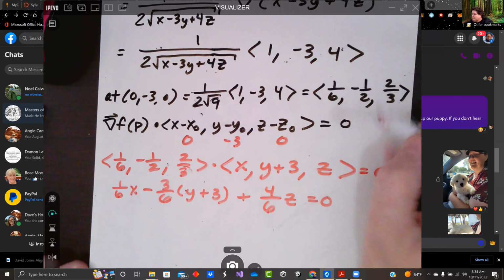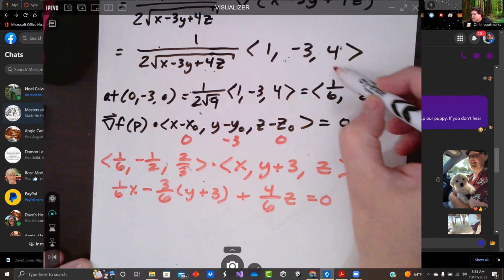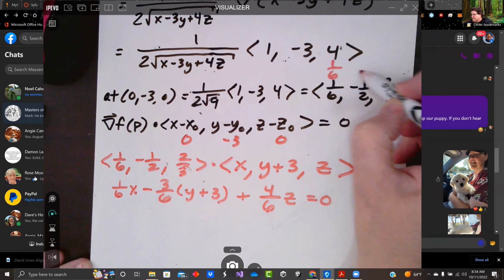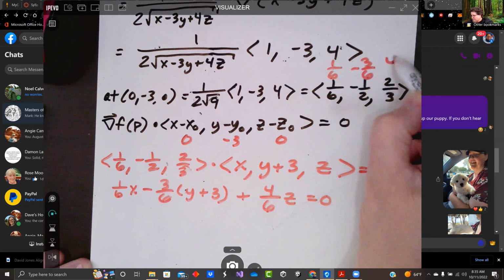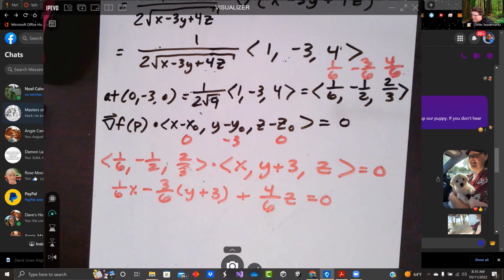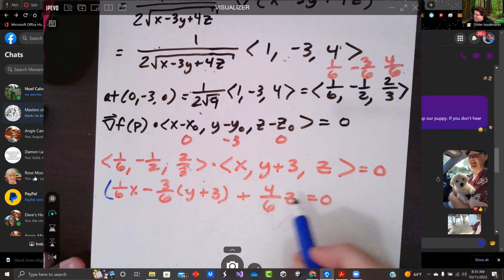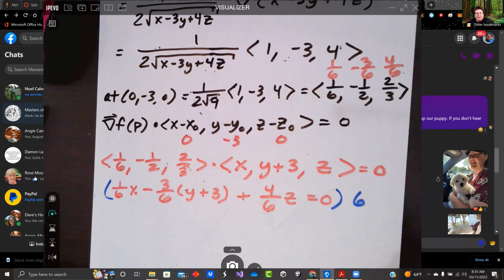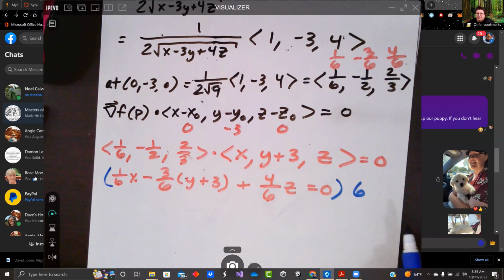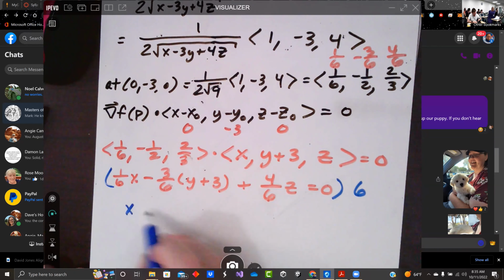So 1/6, negative 3/6, and 4/6. Because then it's easier to see that if I multiply everything through by 6, I can at least get rid of the fractions because I'm a firm believer in forget fractions. Who needs them? Get rid of them when we can.